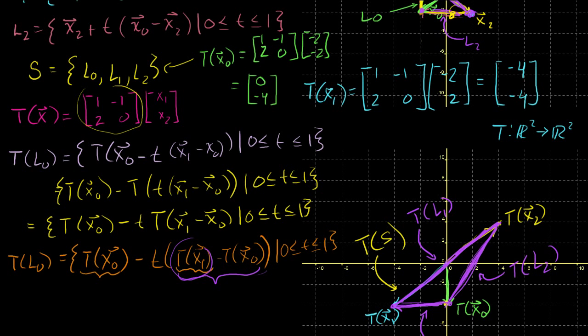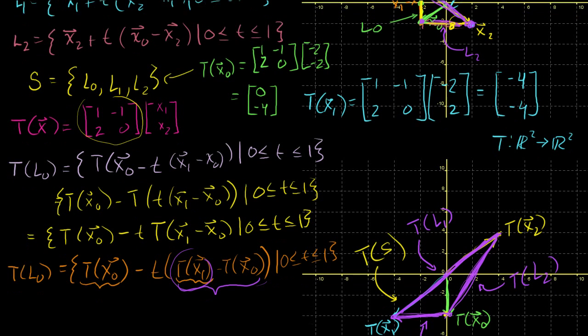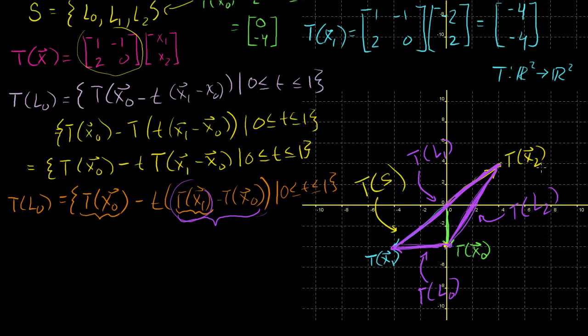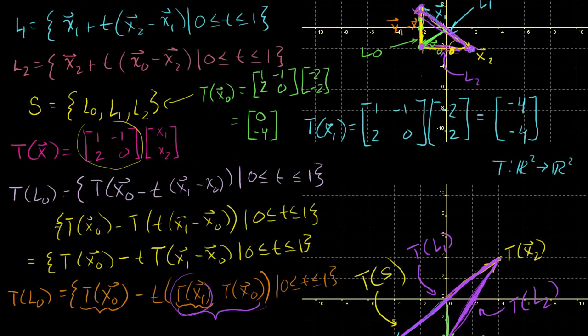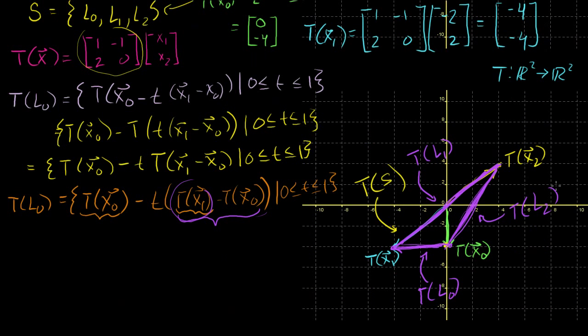And this idea of when you transform one set into another set, they have some terminology associated with it. So let's say the transformation of L naught, right? L naught was the set of vectors that specified this line right here. The transformation of L naught, which is this set, is a set of vectors.